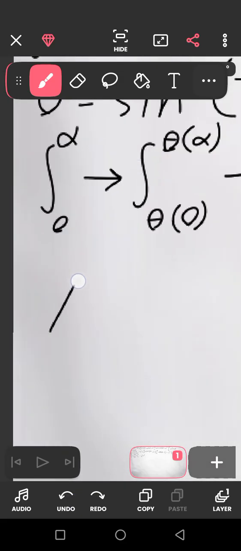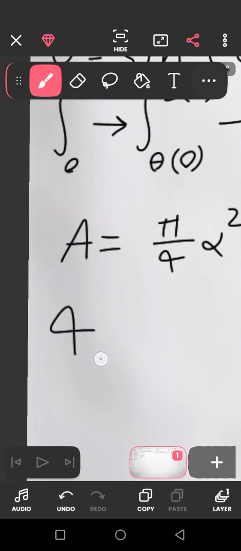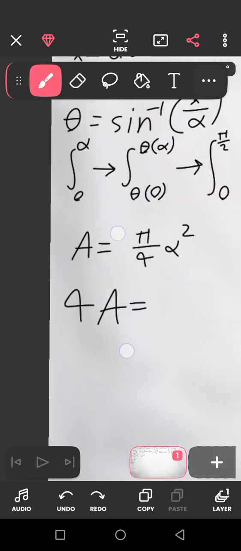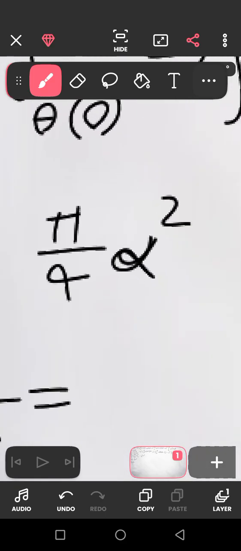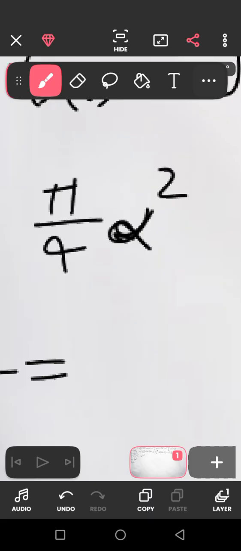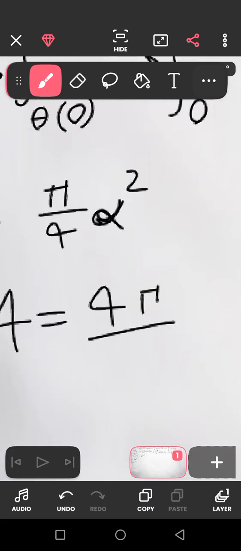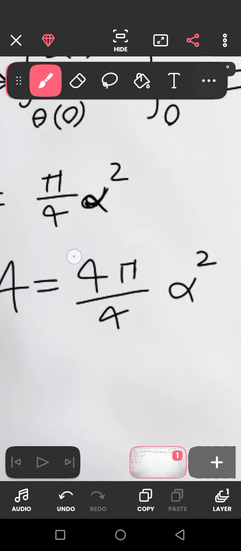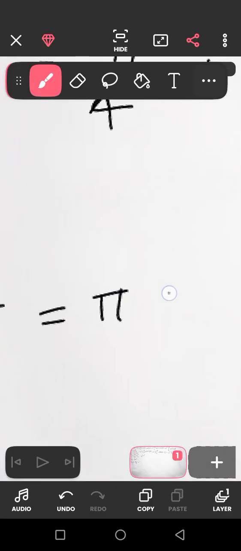So we got A equal to pi by 4 a squared. So 4A, that's the entire circle's area with radius a, is 4 times pi over 4 a squared. Now this cancels out and becomes pi a squared.